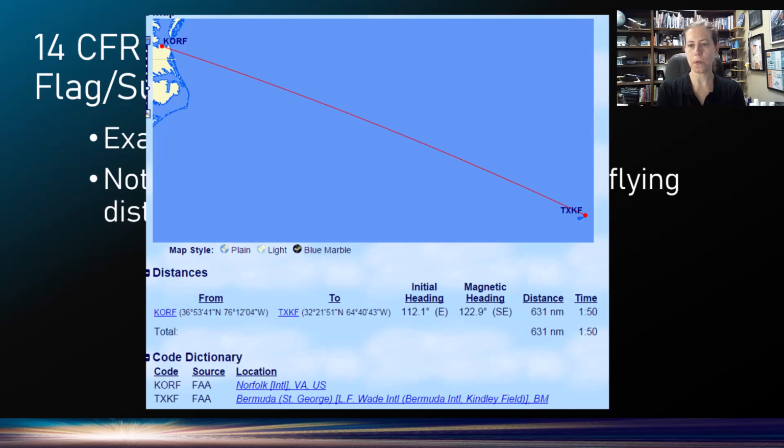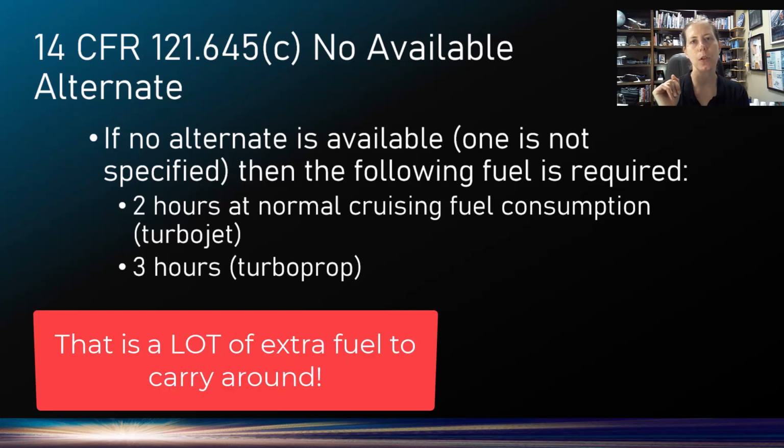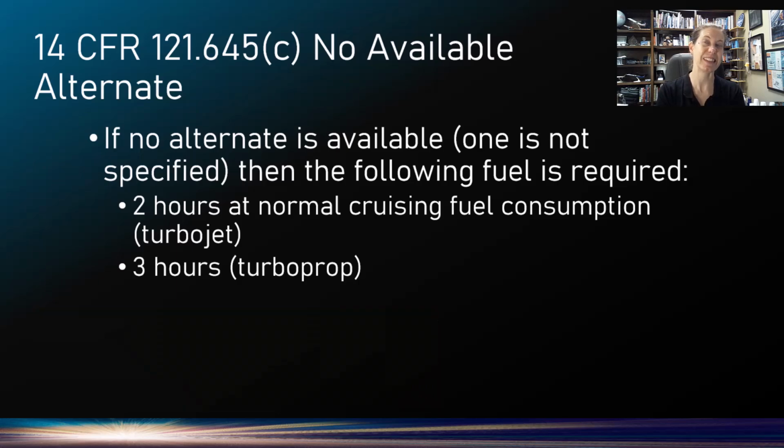It's an hour and 50 minutes at least flying time. So if no alternate is available, because it's just not there, then you have to have 2 hours normal cruise fuel consumption loaded on board for a turbojet aircraft. 3 hours if you're on a turboprop. Not very good for your load planning because it's a lot of fuel.